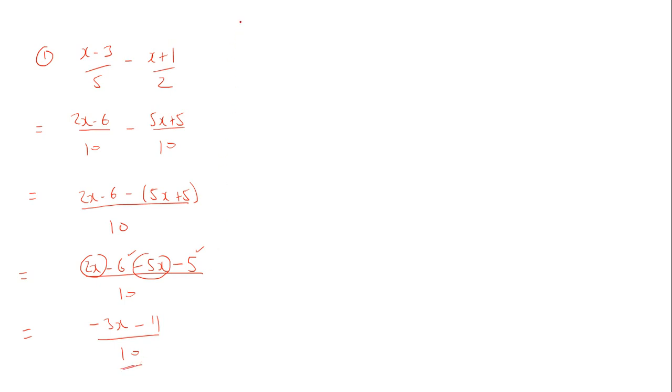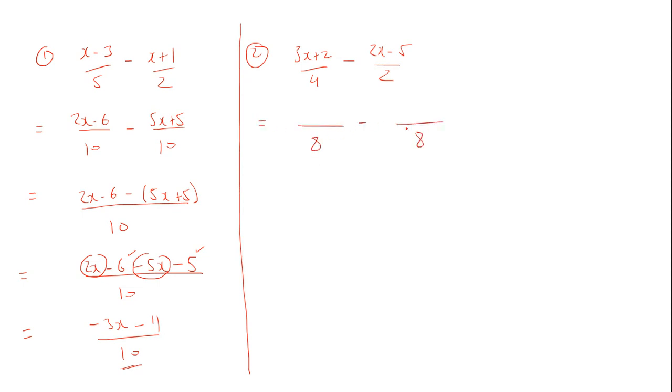Okay, so if I go down here then, not a bad straight line for a change. If I look at question 2, 3x add 2 over 4 minus 2x minus 5 over 2. I think here my common denominator is 8. So here I go.